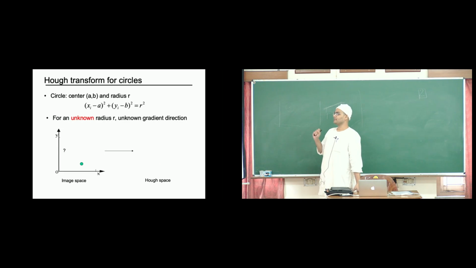Now for unknown radius, how would the half space look? We were talking about R, right? So R is included, not only A and B, but also R. How would the shape look for one point?